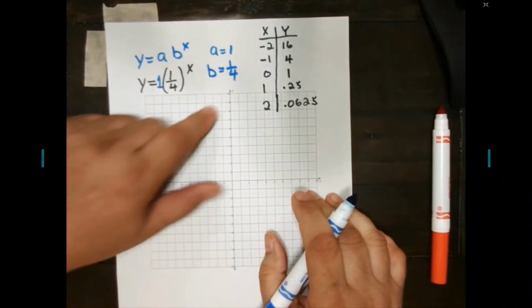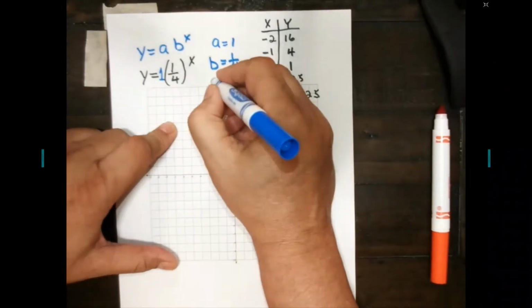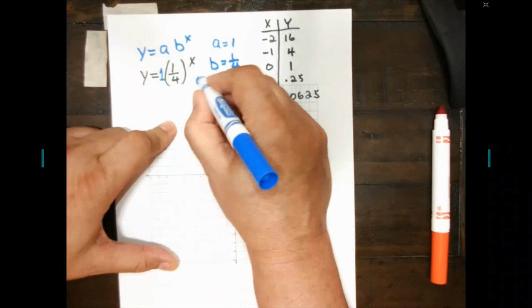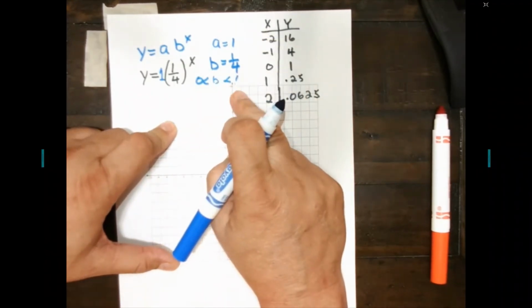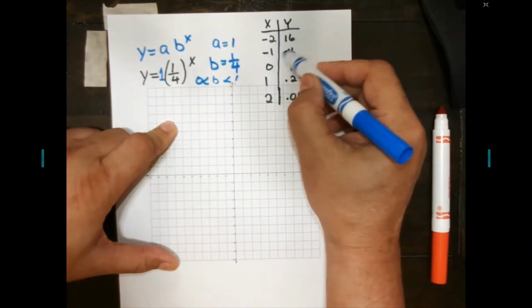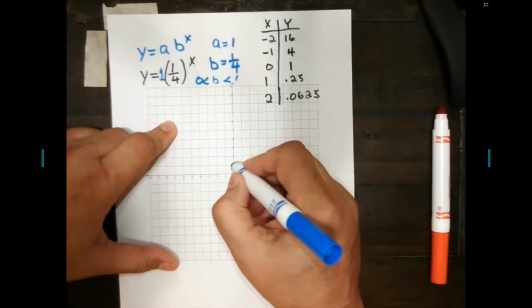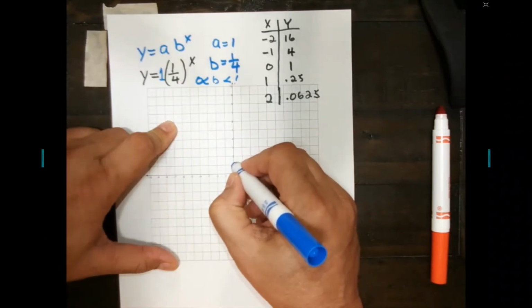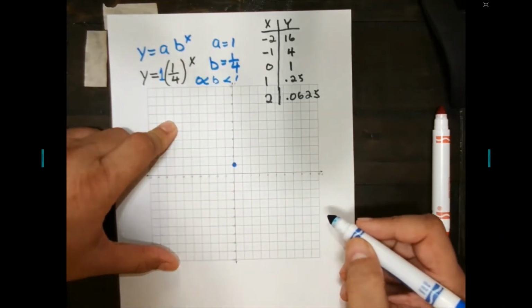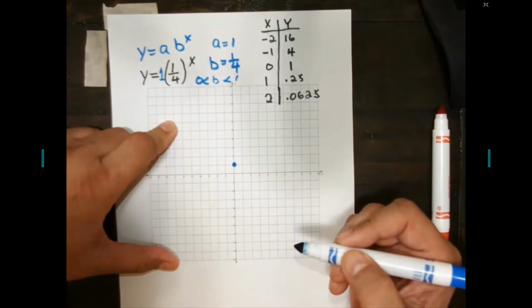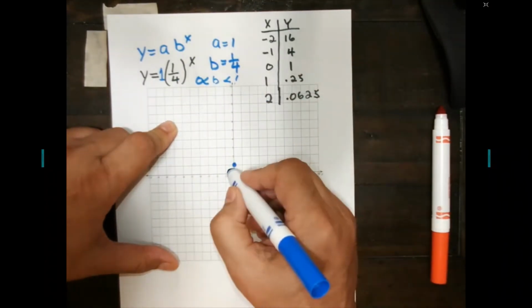Now we know that this time b is less than 1, but it's greater than 0. So in that case, we know that it is decreasing, or a decay. So I'm picking some points here to plot. At 0, I have 1. Notice that's the A value. That's my initial value.